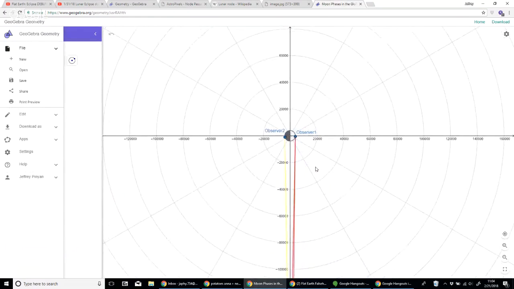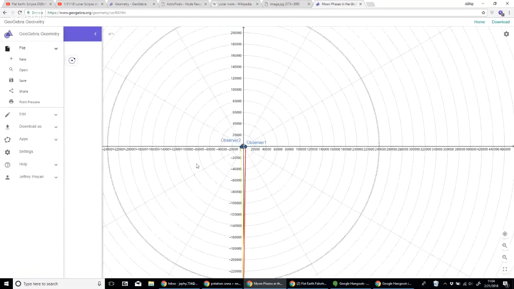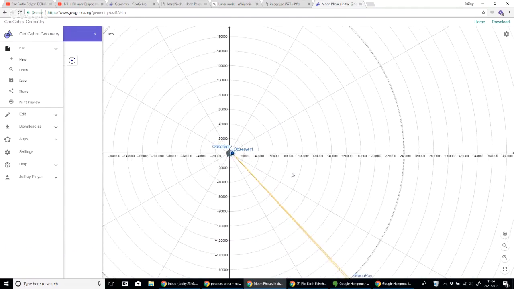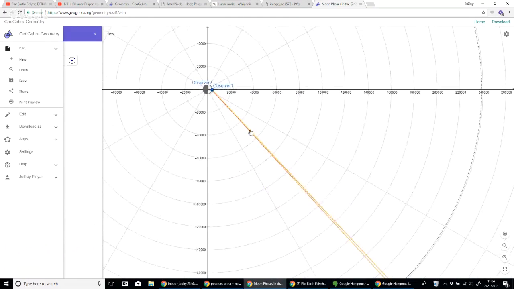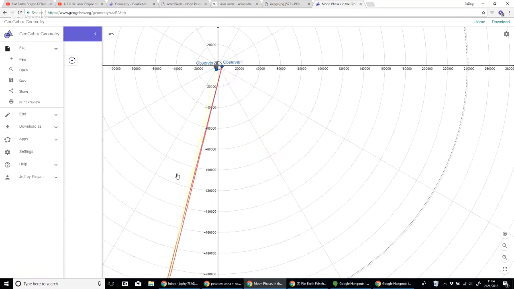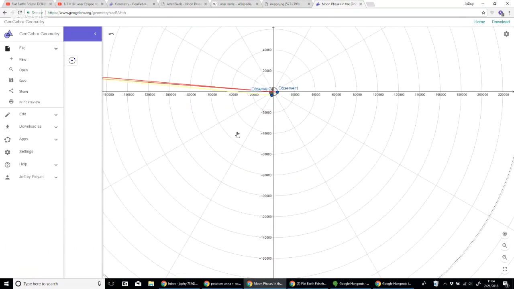All right. So what's happening is the moon is going around the Earth like this at the same time that you are spinning around with the Earth. So what that means is that when we saw the lunar eclipse, let me move it back here.